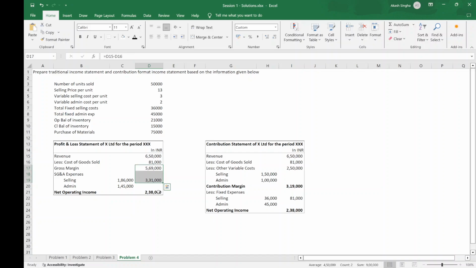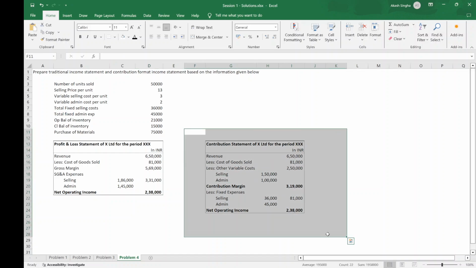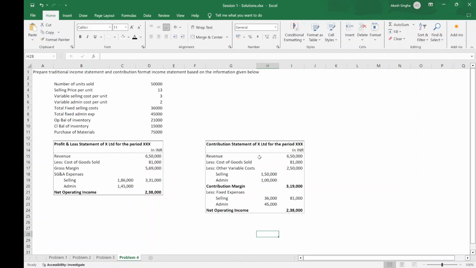Subtract it from 569, you will get net operating income. And in cost sheet, what we have to do differently is this: 650 will be revenue and COGS will be 81,000. But with COGS, we also have to remove the other variable costs to calculate the contribution margin, because contribution margin is revenue minus variable costs.